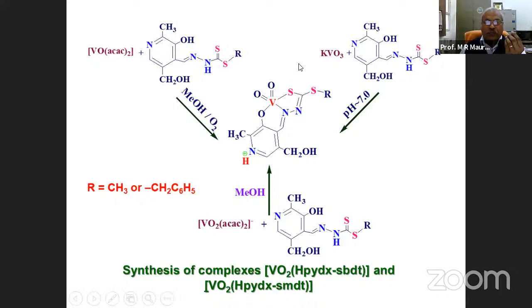Though we expected the dinuclear V2O3 species, like we had done earlier, no, this is stabilized as a dioxo neutral mononuclear species with protonation of this compound.